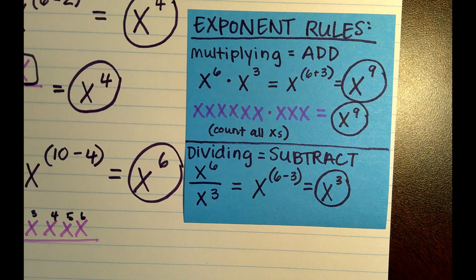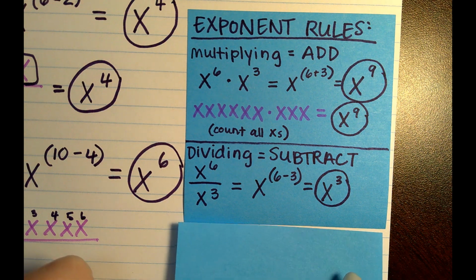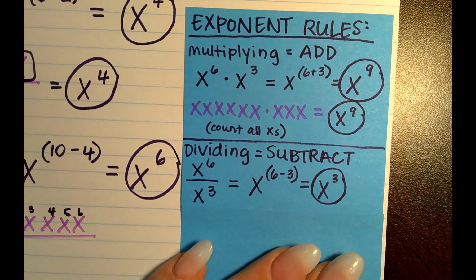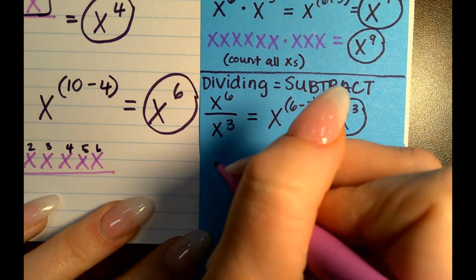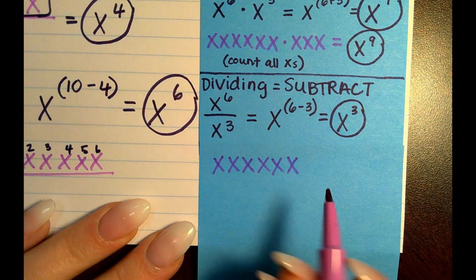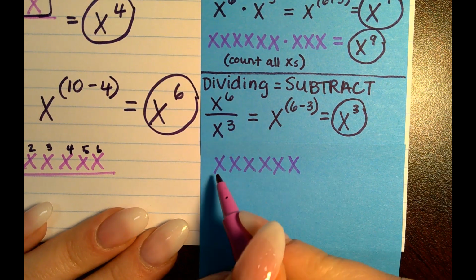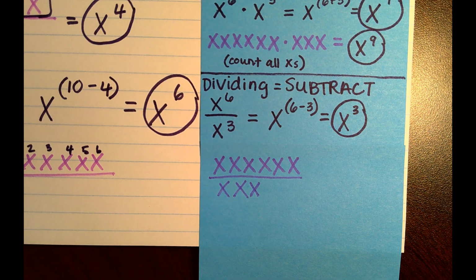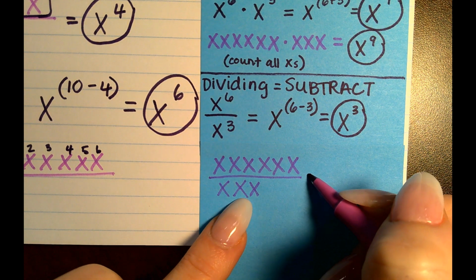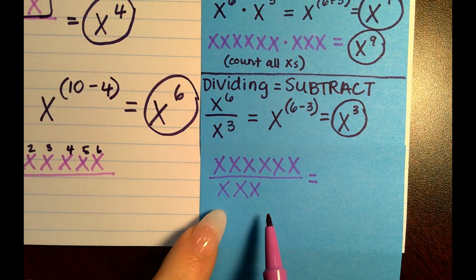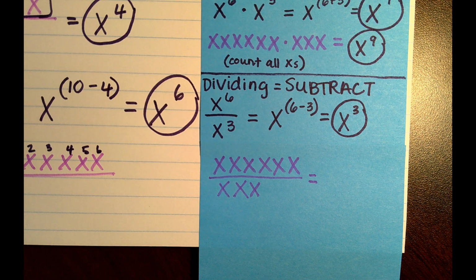And I wish that sticky note was a little bigger. I'm going to add a second one to it. Take it together. Draw a little picture for that. So it would be just like this. 1, 2, 3, 4, 5, 6. There's my x to the 6th over 3, x to the 3rd. And for my picture in multiplying, all I did was count the x's. In dividing, we're going to be canceling the x's.